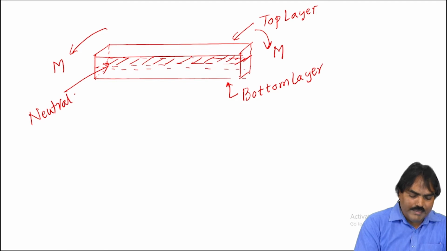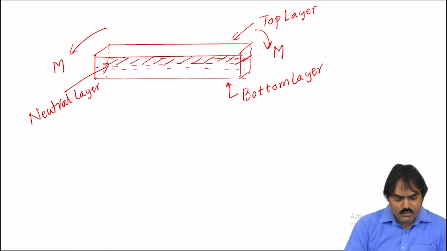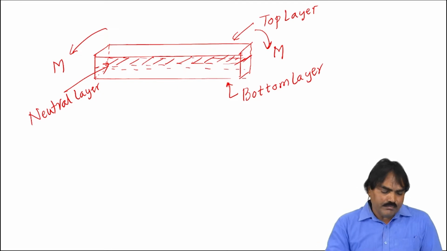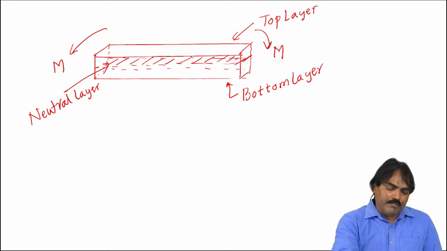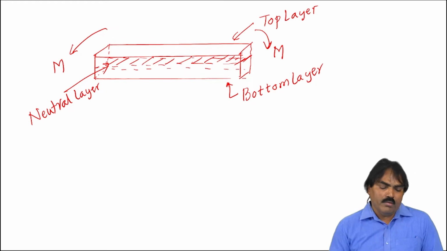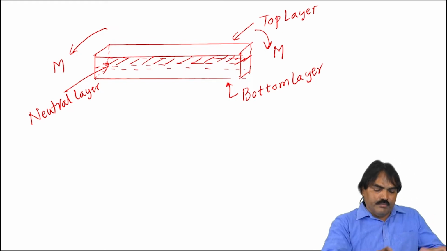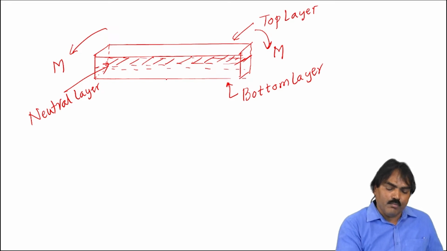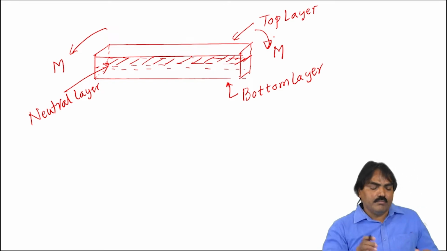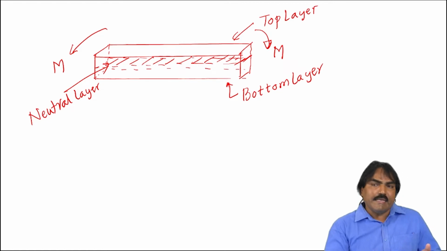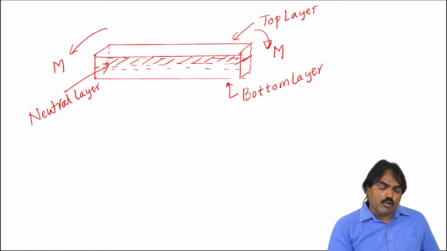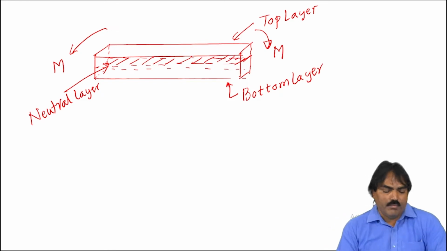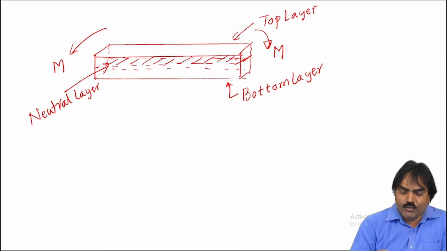So, he said the beam contains an infinite number of horizontal layers, out of which the top layer will be there, bottom layer will be there. When the beam is subjected to moment, the top layers will be under tension, bottom layers will be under compression for the moment direction shown in the figure. Suppose if you reverse the direction of the moment, the top layer will be under compression, bottom layer will be under tension. This is the first point made by Euler.